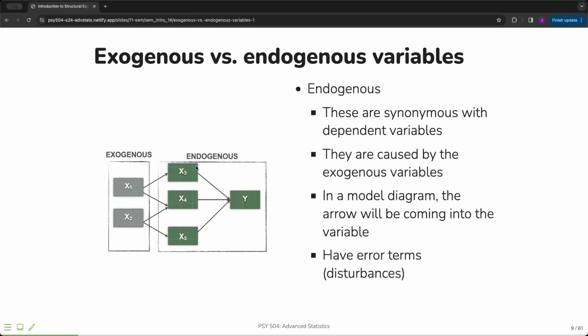I like to think of endogenous variables as basically having an error term, and we call this error term a disturbance. But this is basically just a residual in our regression model. If you remember the regression equation, there's a residual term. Endogenous variables always have what's called a disturbance. You'll hear that a lot in the literature, but that's basically just a residual term here.